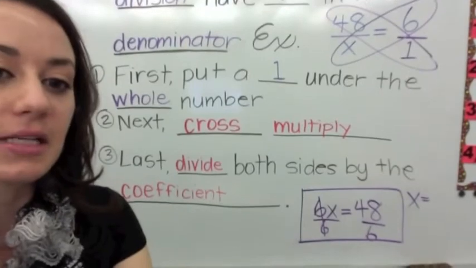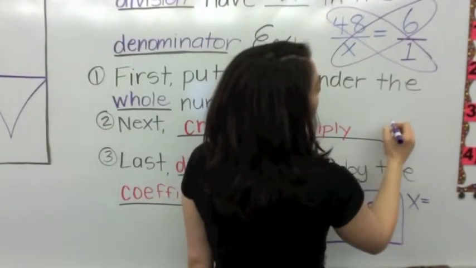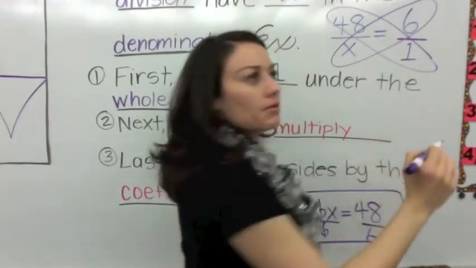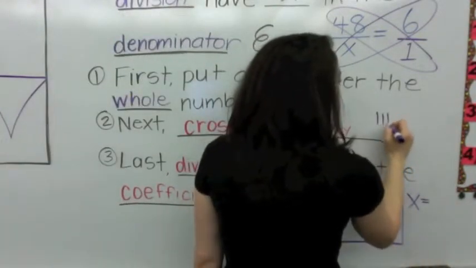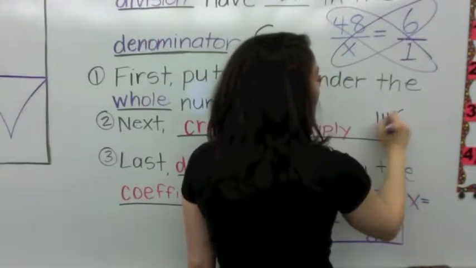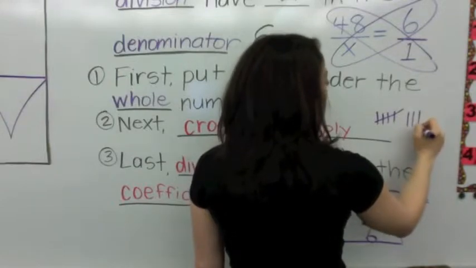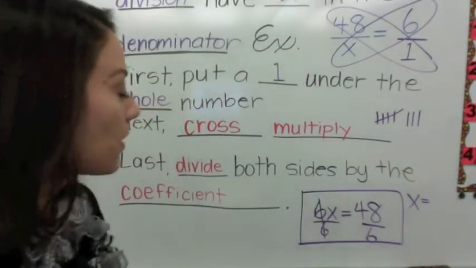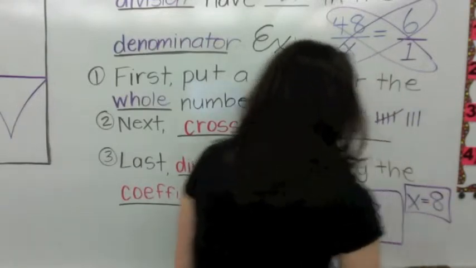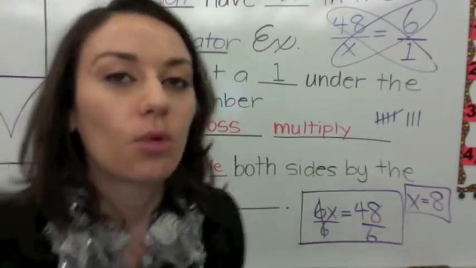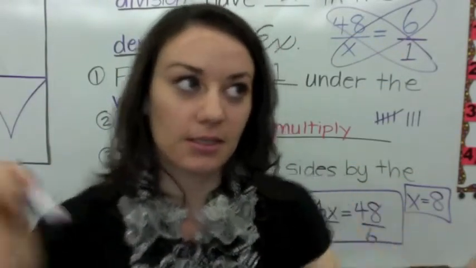We're going to skip count by 6: 6, 12, 18, 24, 30, 36, 42, 48. That's right, isn't it 8? Because when 6 and 8 walk through the gate, out comes 48. 6 times 8 is 48.